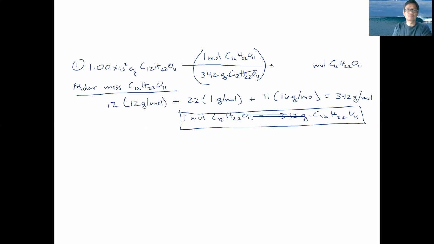Because then the unit of grams of sucrose will cancel out. When you plug that in, your final answer is 0.292 moles of sucrose. You have 3 significant figures here because we started out with 3 significant figures.